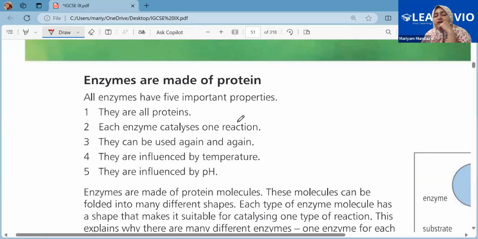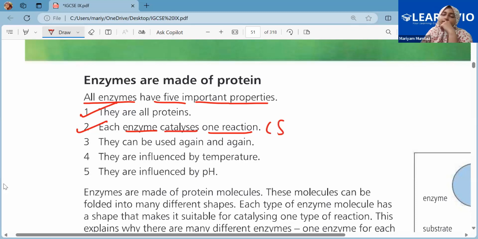Now the enzymes are made up of protein. All enzymes have 5 important properties. They are all proteins, meaning all the enzymes are proteinaceous. Each enzyme catalyzes one reaction. So they will catalyze only one reaction because they are specific.